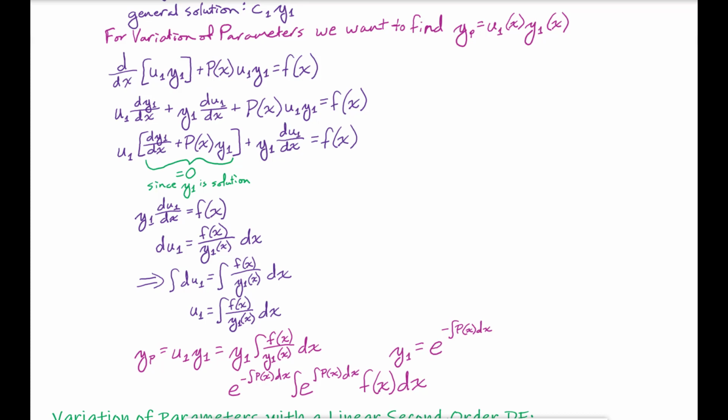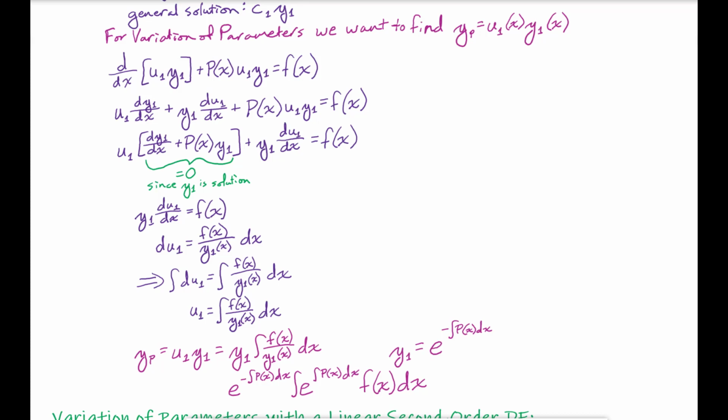Using separation of variables, I can solve this differential equation now. I'm left with just du sub 1 on the left-hand side because y sub 1 is a function of x, as is f of x. So I'll divide by y sub 1 of x and multiply by dx, and then integrate both sides, which gives me u sub 1 equals the integral of f of x divided by y sub 1 of x dx.